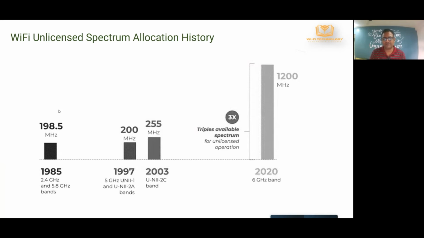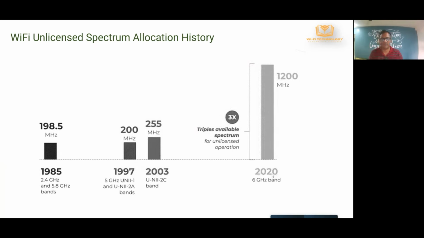Now Wi-Fi 6E came along, and the 6 GHz spectrum came along in 2020, and this is why it is so exciting. When the spectrum was released, there was so much discussion about this in the Wi-Fi community, and everyone was so excited. The main reason is that we have about 1200 megahertz of clean spectrum that is now opened up in the 6 GHz band, which is much higher than anything that was available for Wi-Fi in the past.